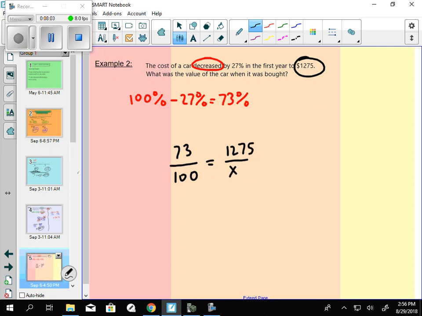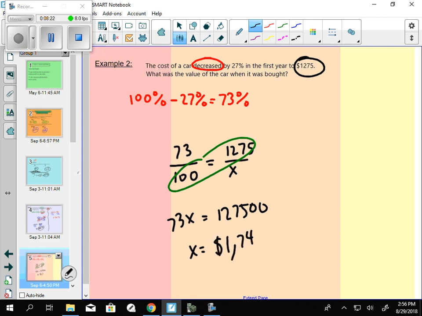Cross multiply, divide, and you should get it. So if you cross multiply these, you're going to get this number. If you cross multiply the other two, you get 73x. Divide by 73, and you should have come up with an answer of $1,746.58. And again, you could do that with the decimal way. It should solve the same thing.